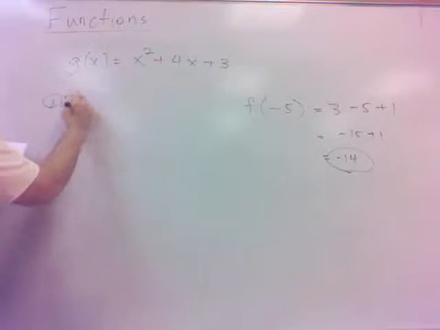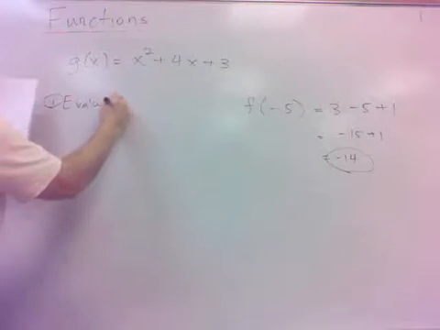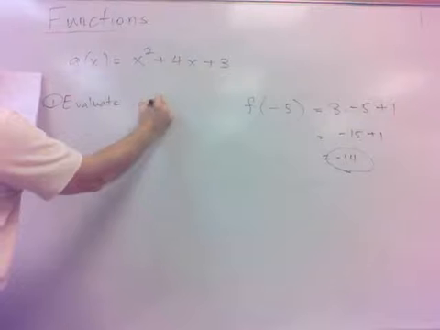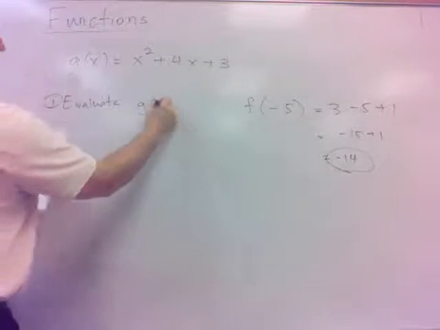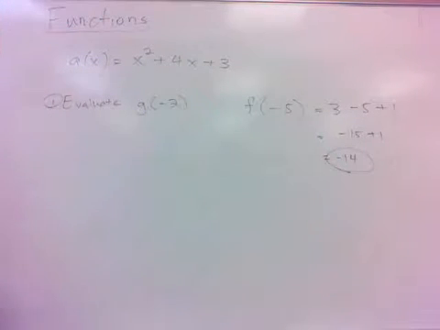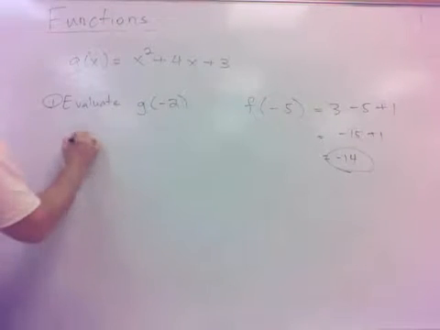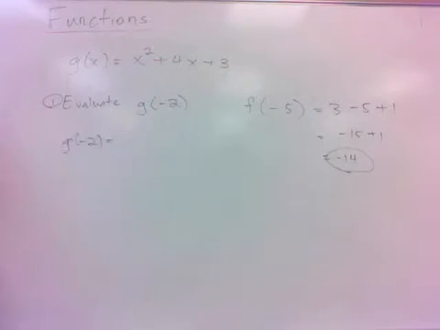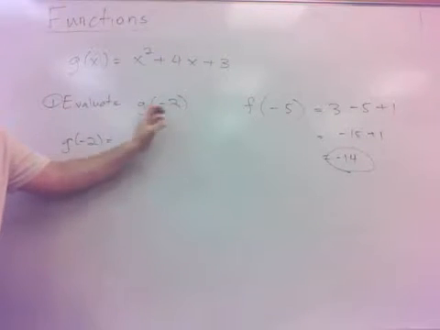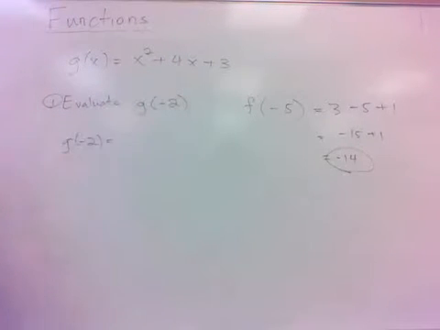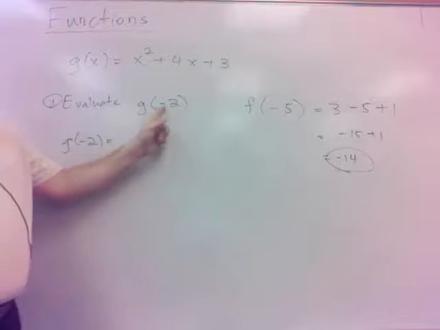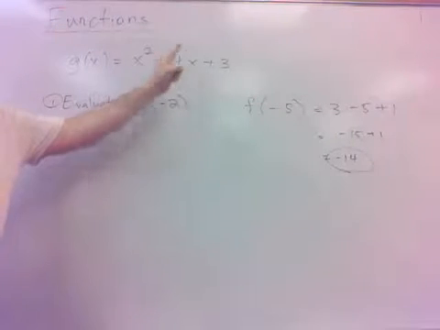All right, number 1, let's just cut to the chase here: evaluate g of negative 2. First of all, what does that mean? Well, that's saying input negative 2. So into the defining expression, as it's sometimes called, I'm going to input negative 2, which just means replace the x by negative 2.